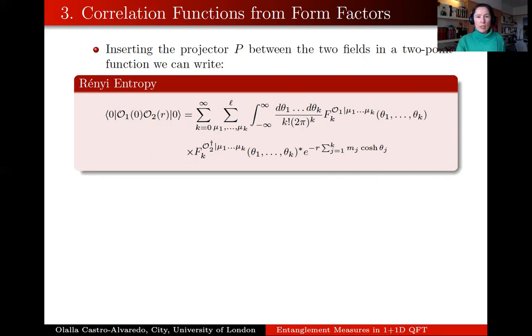A Wick rotation is equivalent to shifting all rapidities by i pi over 2. Now, if these fields are spinless, one property the form factors have is that they are invariant when we shift all rapidities, which is equivalent to a Lorentz boost, so nothing will change. It's just that the sinh becomes cosh, and this becomes a decaying exponential.